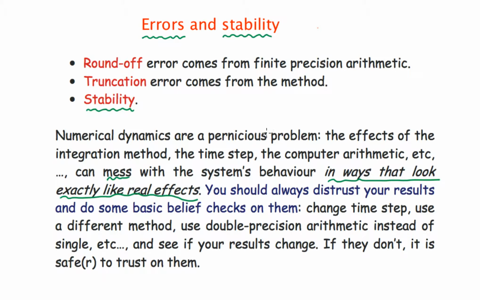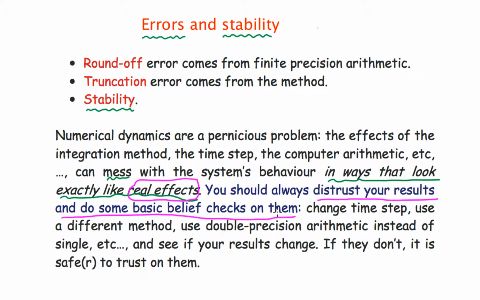So in order to check that, what's written here is important. In order to be sure that the results you're getting are a real effect, you should always distrust your results, at least a priori at the beginning, and do some basic sanity checks on them.